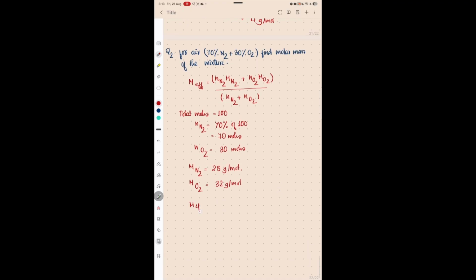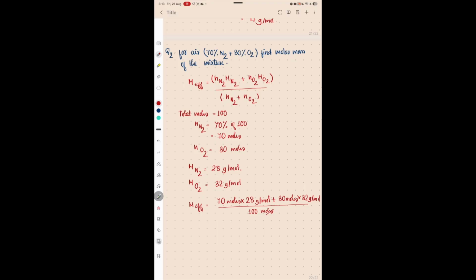M effective is equal to 70 moles multiplied by 28 gram per mole plus 30 moles multiplied by 32 gram per mole, divided by 100 moles.